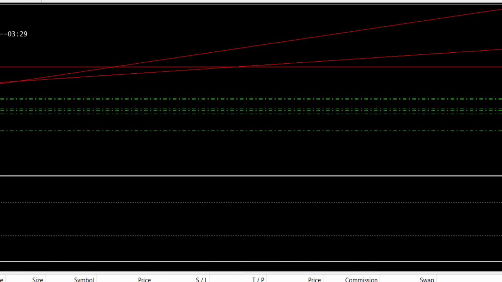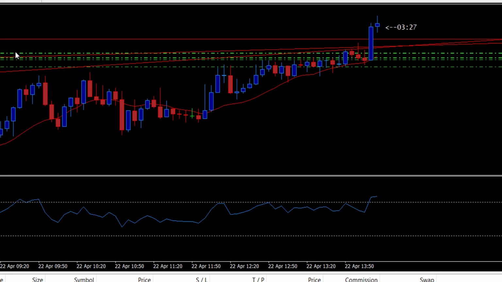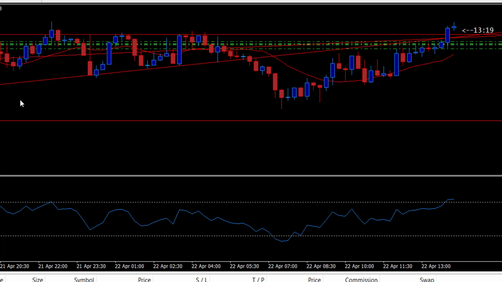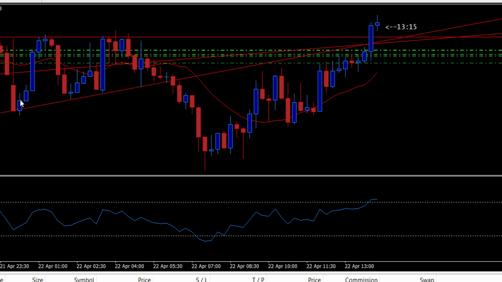Let's see how we looking. 731. I'm gonna wait. I'm holding out. This is a $1,000 trade.